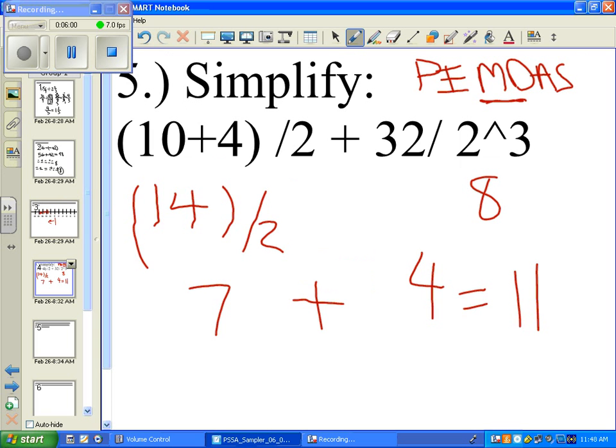No, one is not stronger than the other. When you hit multiplication and division in the same line, you just work from left to right. So we had division in this case, a division here, and a division here.